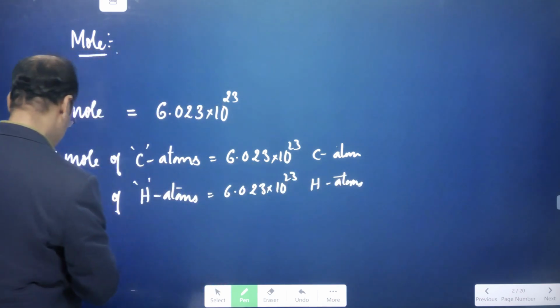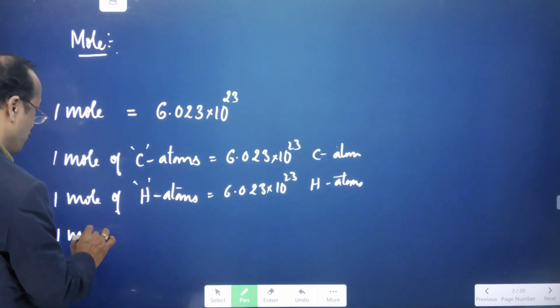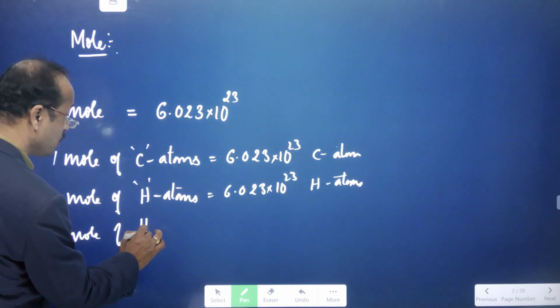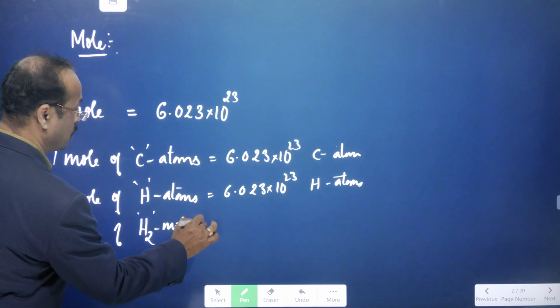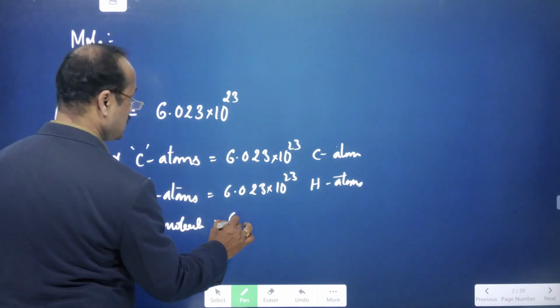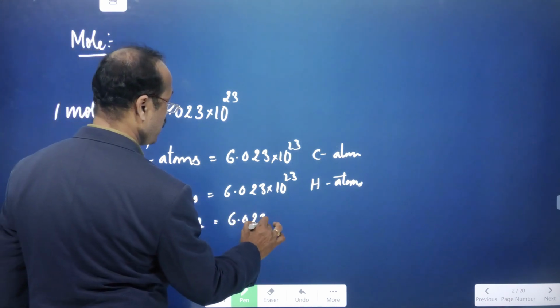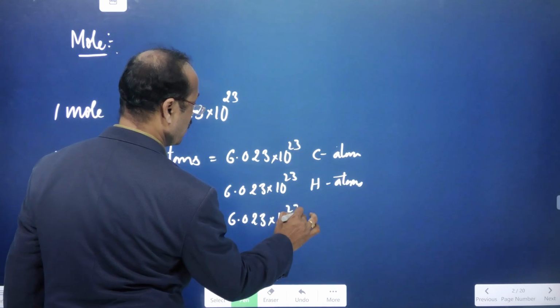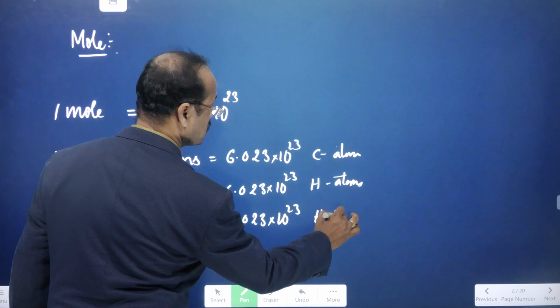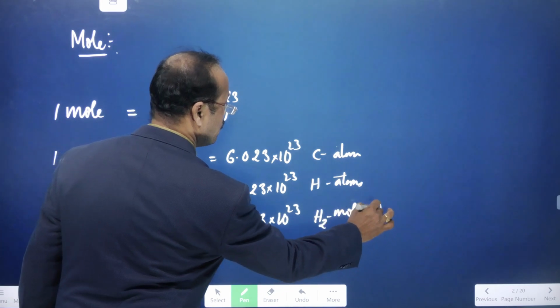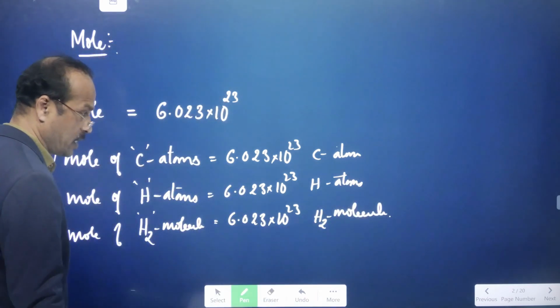If I say 1 mole of hydrogen molecules, the meaning is 6.023 into 10 to the power of 23 hydrogen molecules. So this is the mole, right?